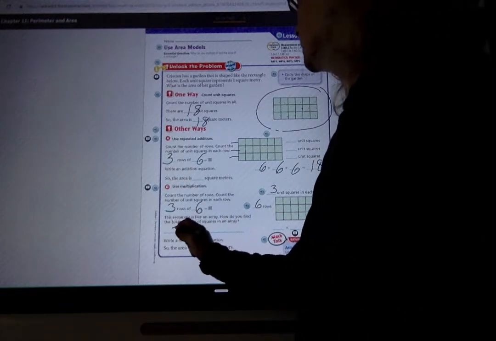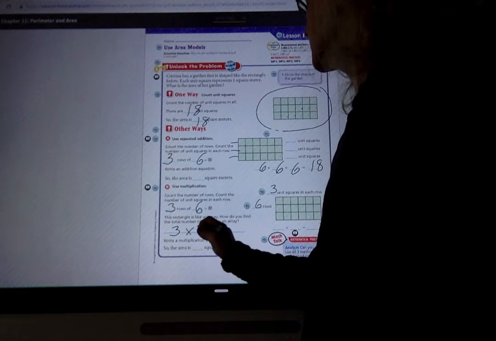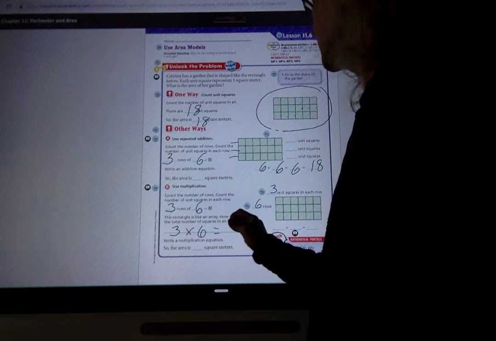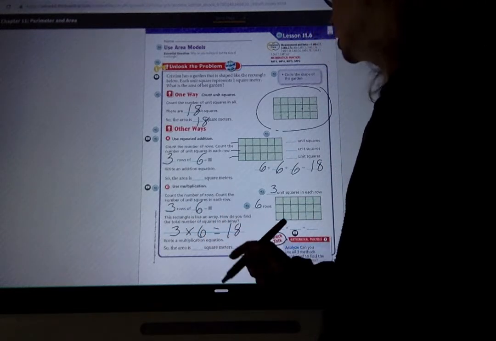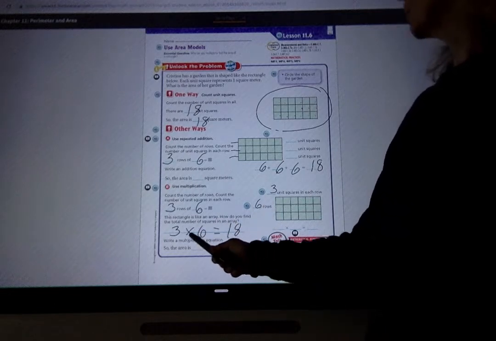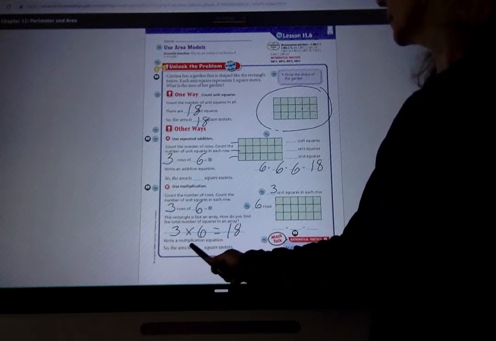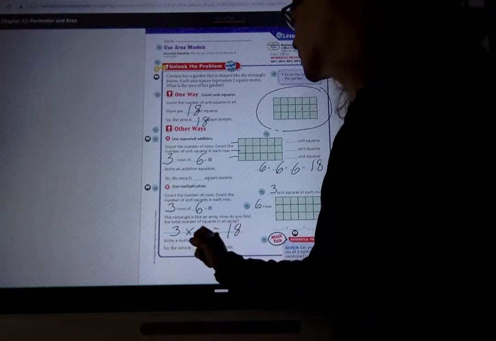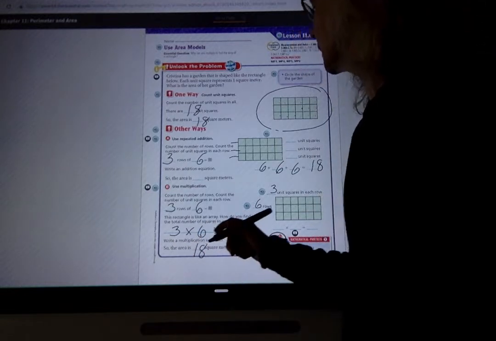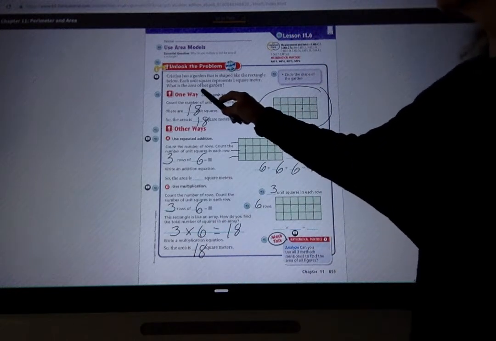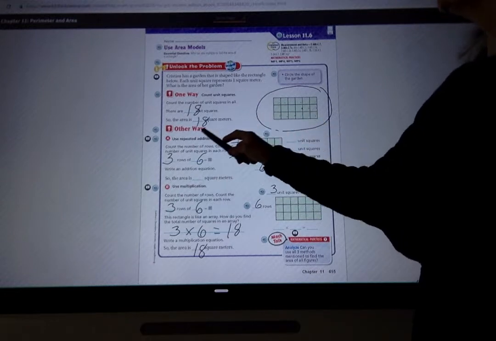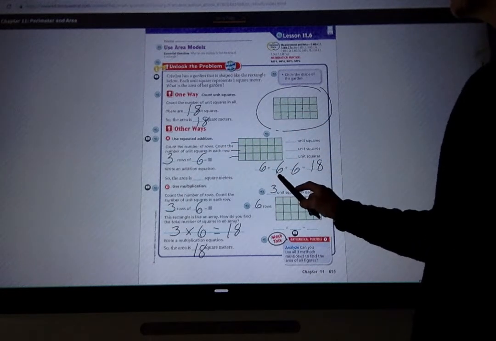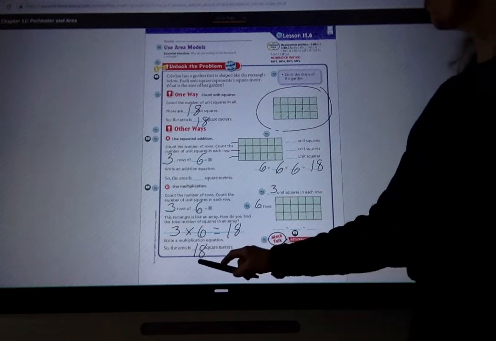You take 3 times 6 equals 18. So a multiplication equation there, so the area is 18 square meters. And you see that we can count is one way. We can use repeated addition for the other way, or we can multiply.